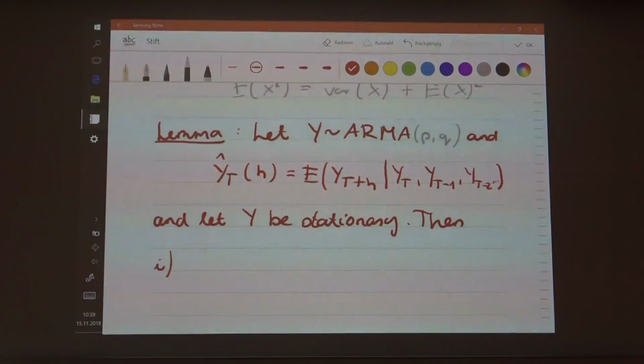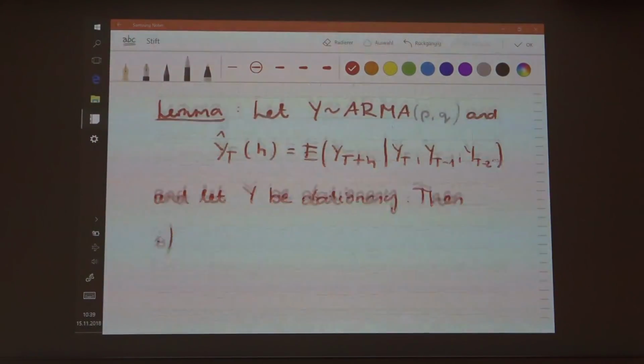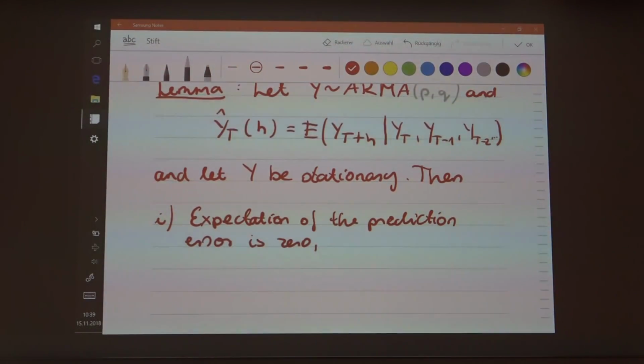The first property is that the prediction error is unbiased, as I was just mentioning: the expectation of the prediction error is 0. This is called unbiasedness, and then you would say that the forecast is unbiased.